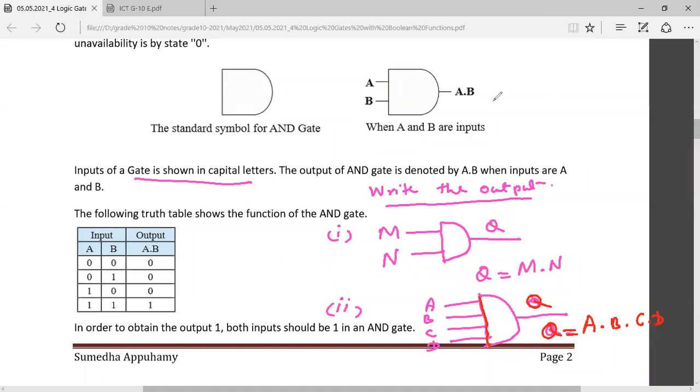Now the third one. You need to draw it neatly. So I'm giving here A, and the output will be Q. Here you are having another one, B and C. Find it.